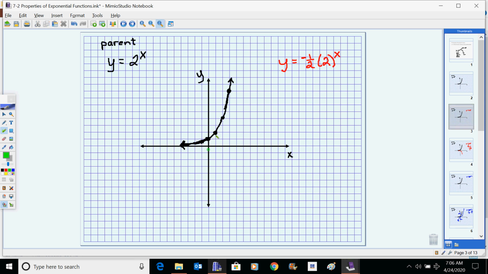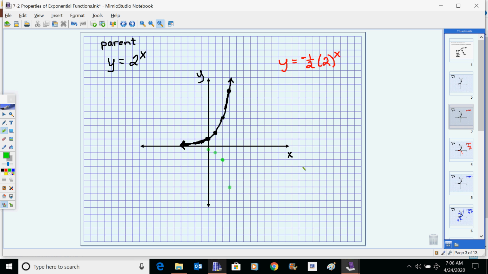Okay, this one gets cut in half and then reflects and comes over here. This one is a 4 and it gets cut in half to a 2 and then reflects down here. This one is an 8 and gets cut in half and then reflects down on this side.